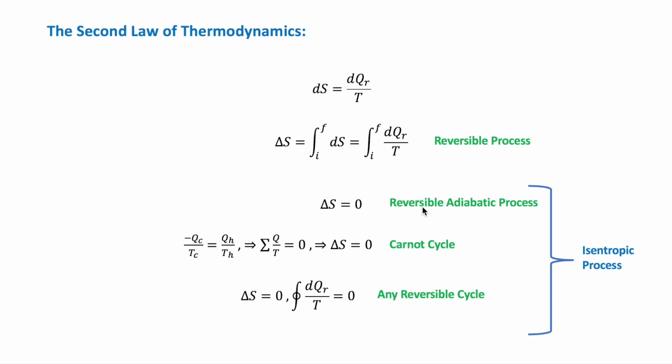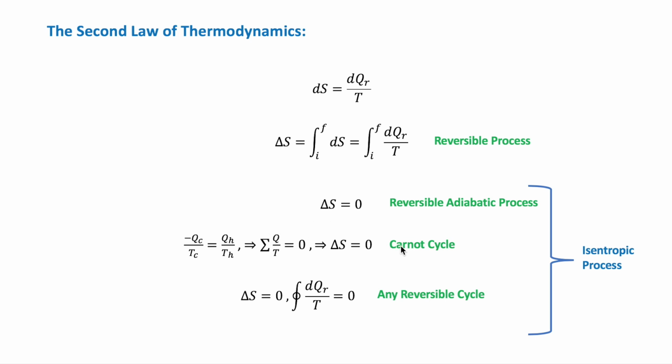Also, for a reversible adiabatic process in which there is no heat transfer, the change in entropy is equal to 0. But take note here that this is true for only a reversible adiabatic process, not any adiabatic process, as we see in the following slides. So just for a reversible adiabatic process, delta S is 0.